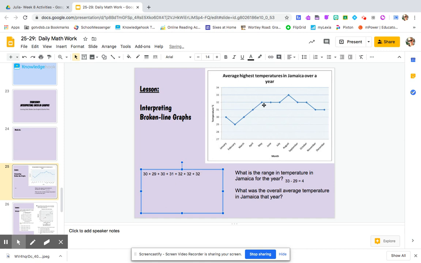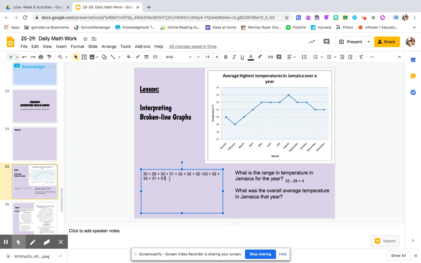So there's 3 32s in a row, plus 33 plus back to 32, plus stayed at 32 again, plus down to 31, and then stays at 31. So 31 plus 31. And a quick count here, there should be 12 numbers in my set of data. 1, 2, 3, 4, 5, 6, 7, 8, 9, 10, 11, and 12.